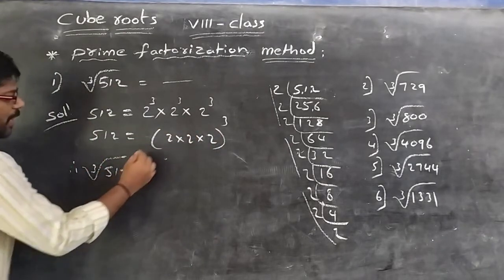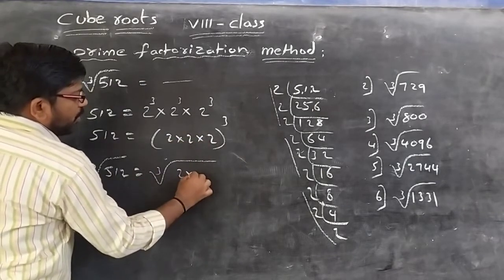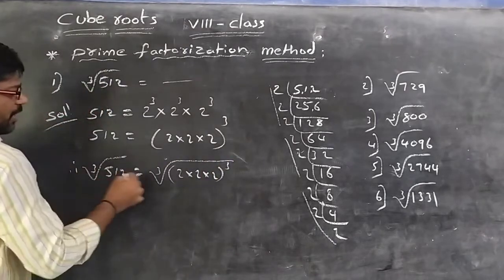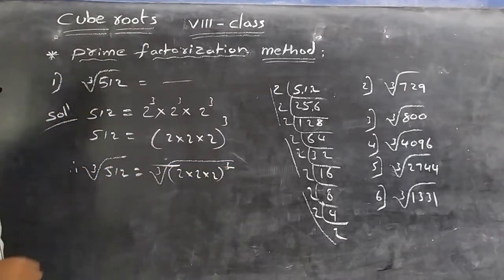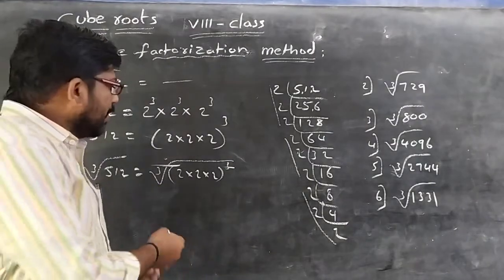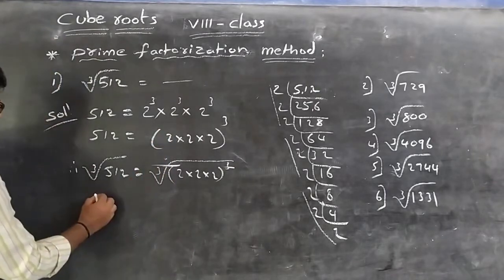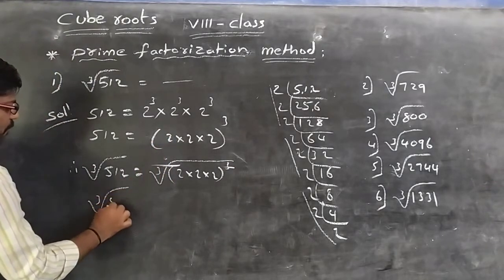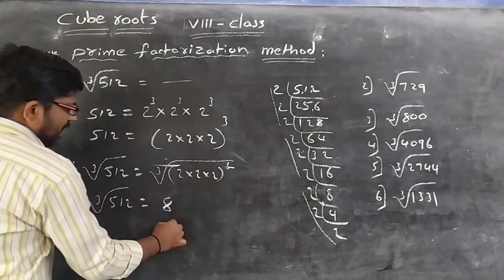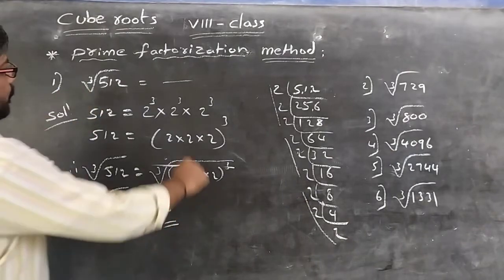Cube root of 512 equals cube root of (2 into 2 into 2) whole cube. Here the cube root cancels the cube. In square roots we cancel the square, but in cube roots the cube root cancels the cube. So the cube root of 512 is 2 into 2 into 2, that is 8. So 8 is the cube root of 512.